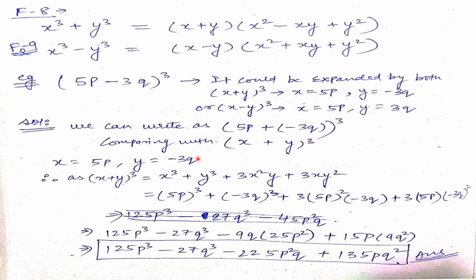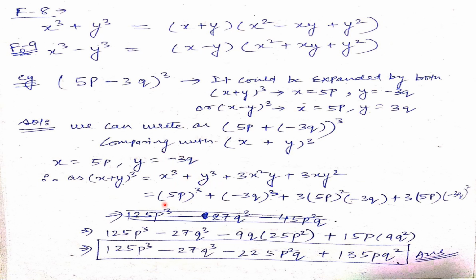Now the formula of (x + y) whole cube is x cube plus y cube plus 3x square y plus 3xy square. What we have to do is replace x by 5p, and replace y by minus 3q.